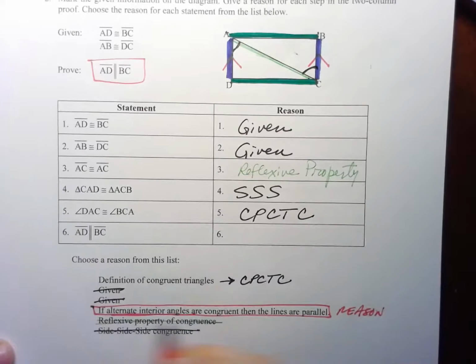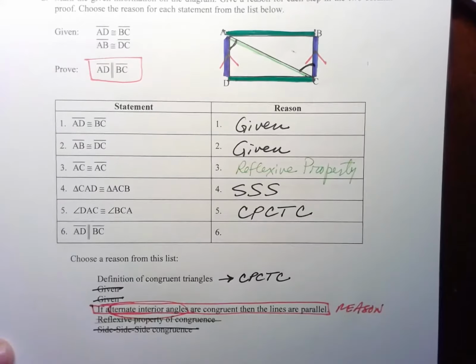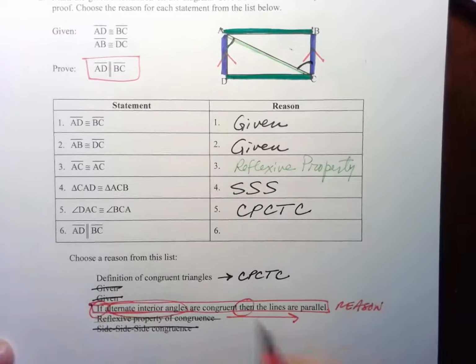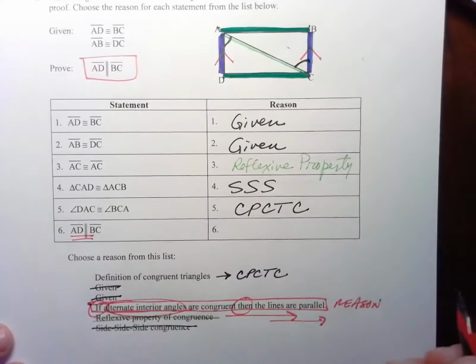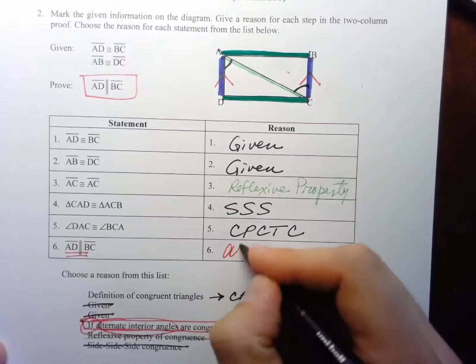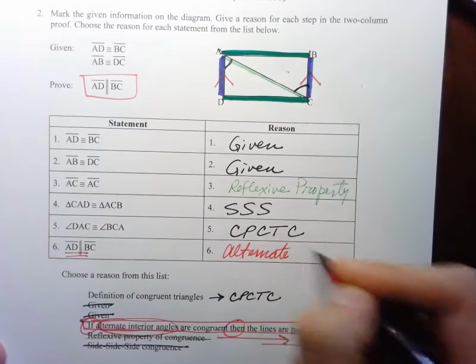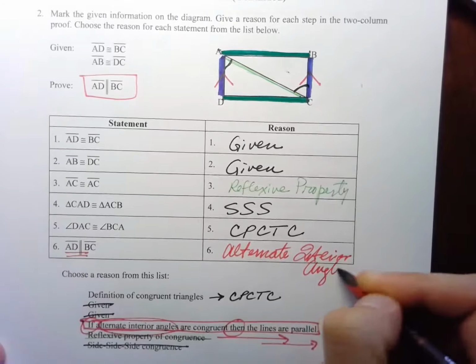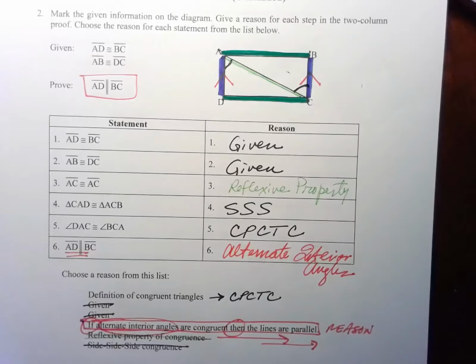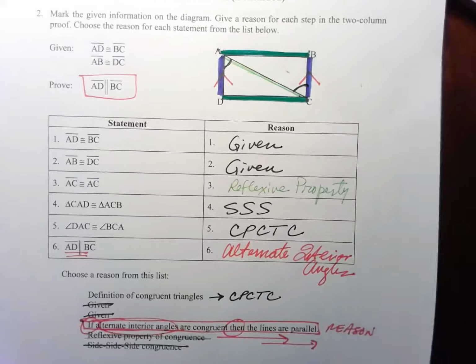We're going to learn what that word means, and this is an if-then statement, but here we go, lines are parallel, and that's exactly what we're trying to prove here. So this would be alternate interior angles, and of course then we're done with the proof.